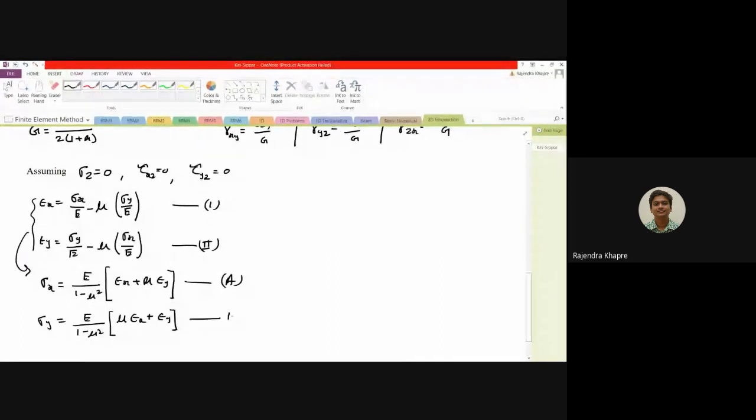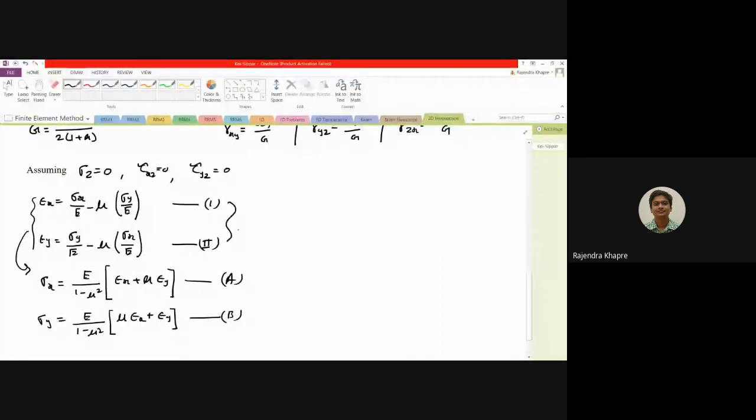Just by solving these two expressions, you get expression A and expression B.